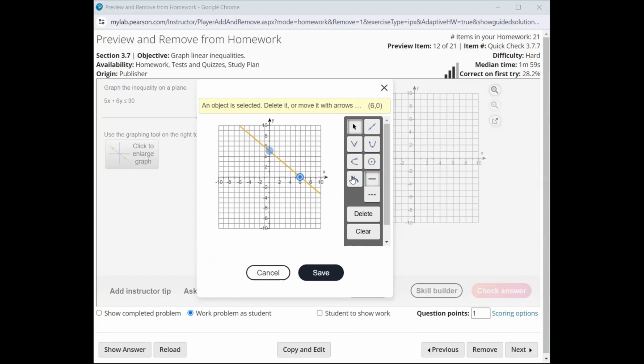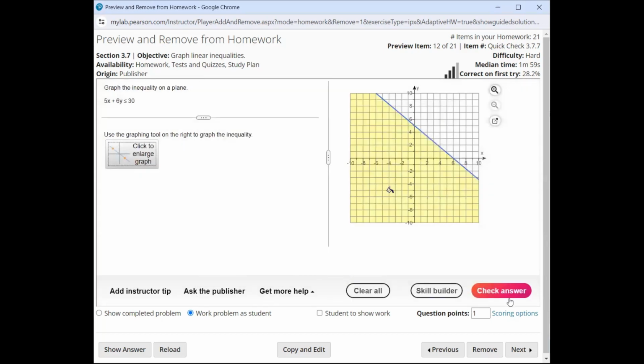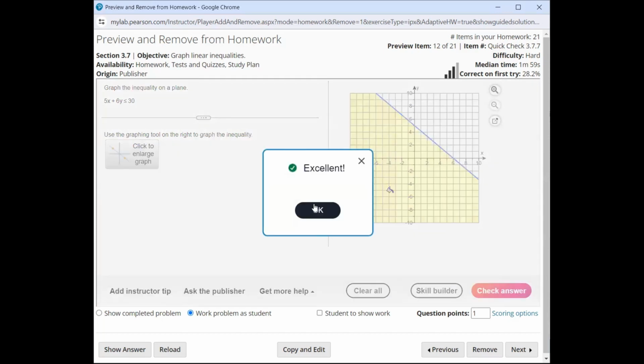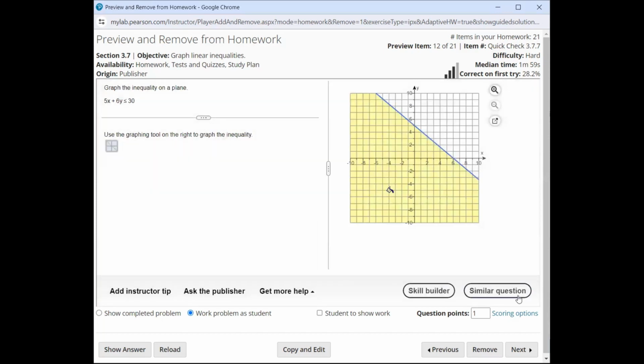Go to this shading tool and click anywhere on the left half plane. Great.